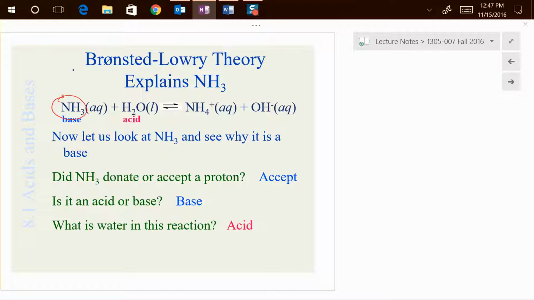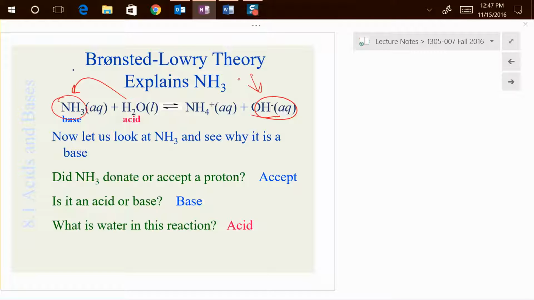It came from the water. If I take hydrogen away from water, what's left? Hydroxide. So this donated its hydrogen to ammonia, and then I get NH4 plus and OH minus left over. So now I have the basic ion OH minus in solution, and therefore my solution is basic, has a basic pH.